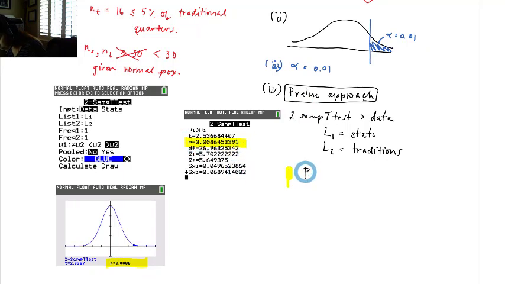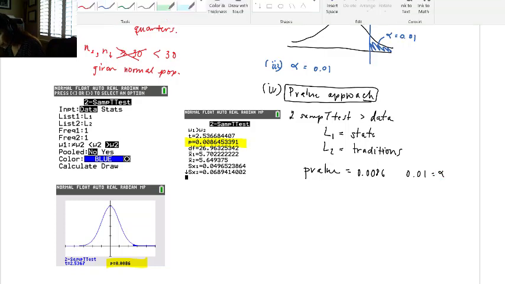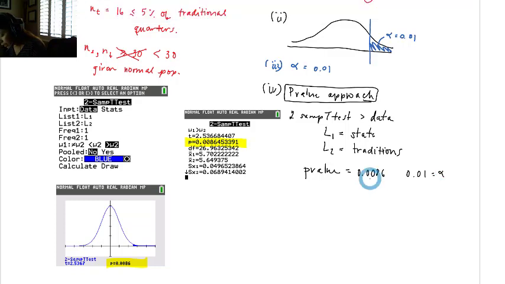So the p-value is equal to 0.0086, and our alpha was 1%. And so we can see that 0.0086 is smaller than 0.01, and so therefore the p-value is somewhere in here.